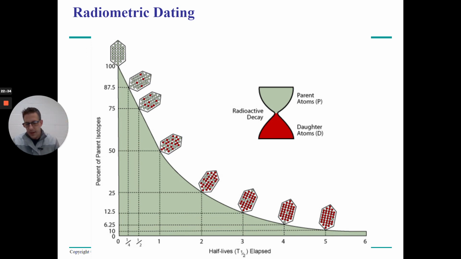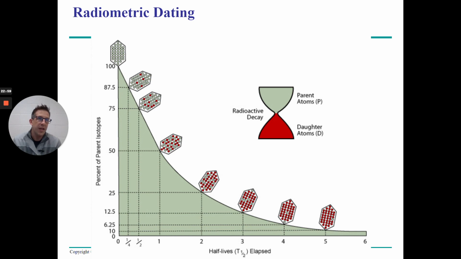For instance, things that are organic are born with a certain amount of carbon in them, right? Most of the carbon inside of us is carbon-12, but we do have some carbon-14 in us, and most of the living organisms that we see now have a certain proportion of carbon-14 in them.